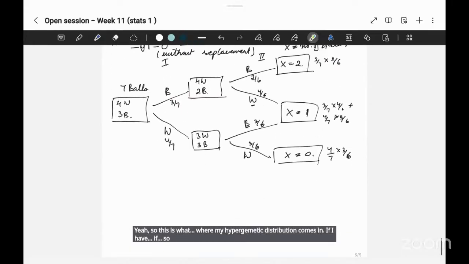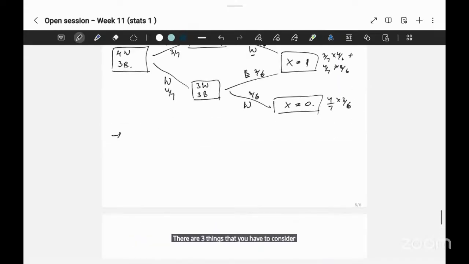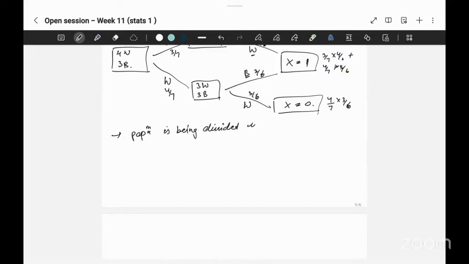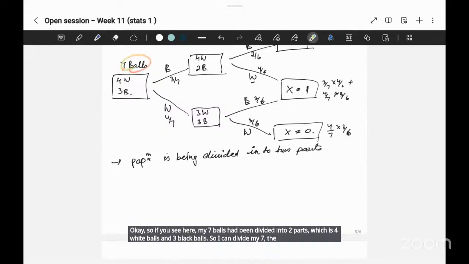There are things that you have to consider. The first thing, the population is being divided into two parts. If you see here, my 7 balls had been divided into two parts, which is 4 white balls and 3 black balls. So this is the first thing.